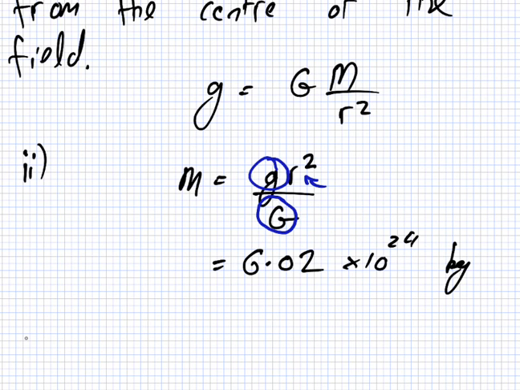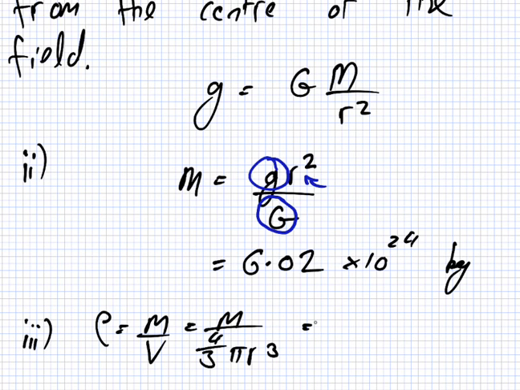Right, part 3, what is the density? Density is mass over volume, which will be mass over 4 over 3 pi r cubed. You know the mass of the Earth? It should be pretty big. That's pretty big, alright.